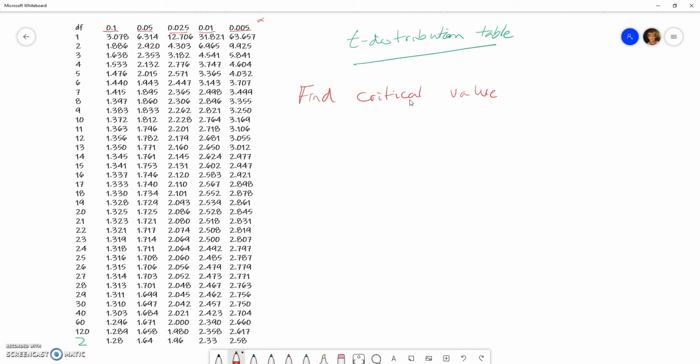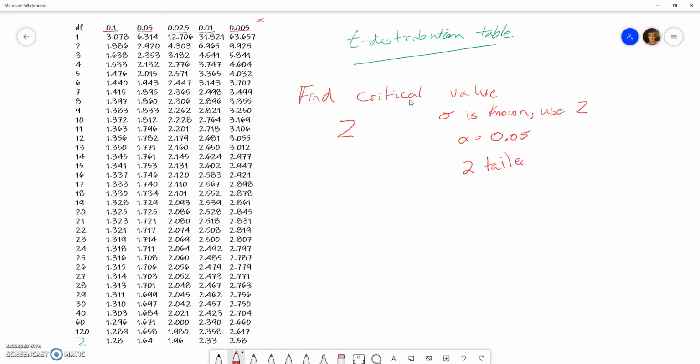To find the critical value, we know that it's a Z value because the population standard deviation is known. So basically that is telling us that we can use a Z value. We also have to know what the chance of error is, or alpha. Alpha is 5%. We also have to know if it's a one-tailed or two-tailed test.